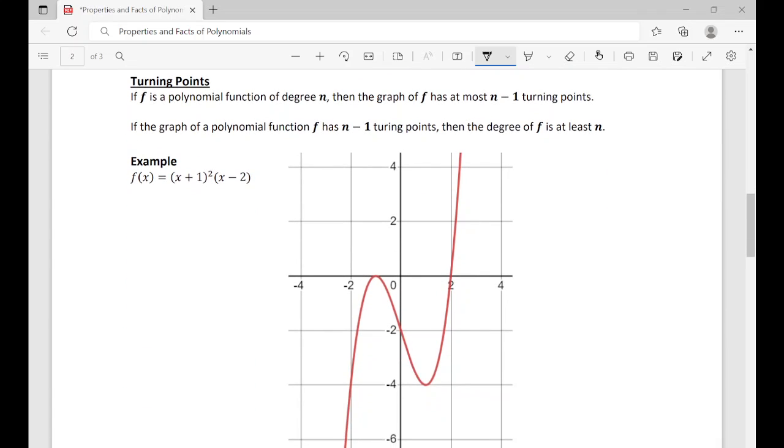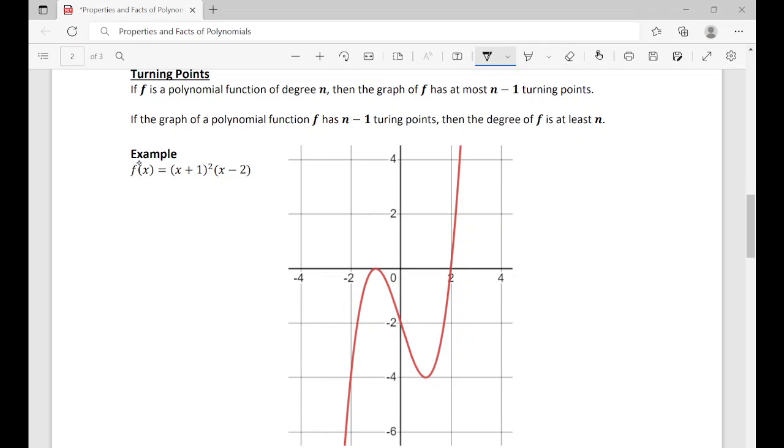Next, we can talk about the turning points. If f is a polynomial function of degree n, then the graph of f has at most n minus 1 turning points. If the graph of the polynomial function has n minus 1 turning points, then the degree of f is at least n. So if we look at again our function here, f of x equals (x plus 1) all squared times (x minus 2).